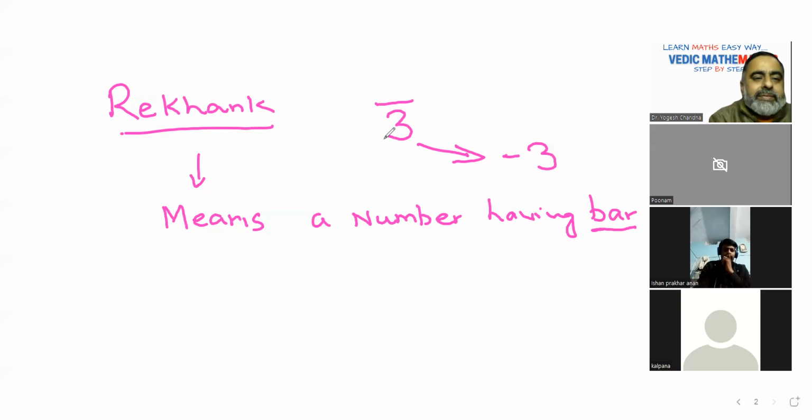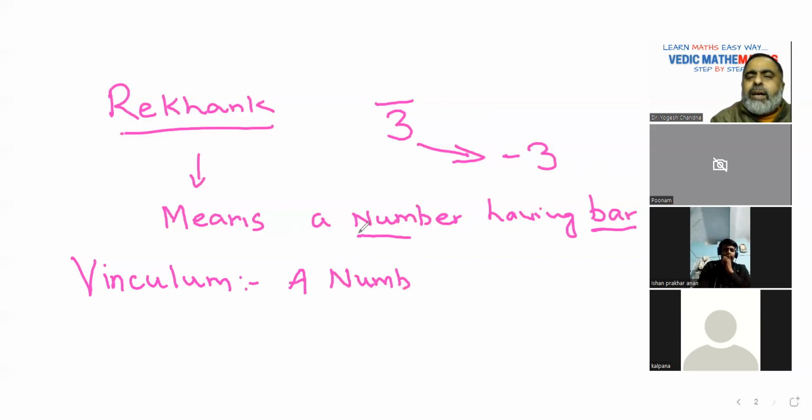This is one thing. Now comes vinculum. This can be a digit basically, a digit having a bar. In case of a number, you may have 2 digits, 3 digits, 4 digits.